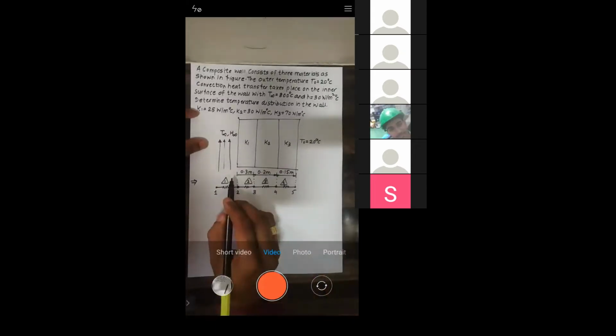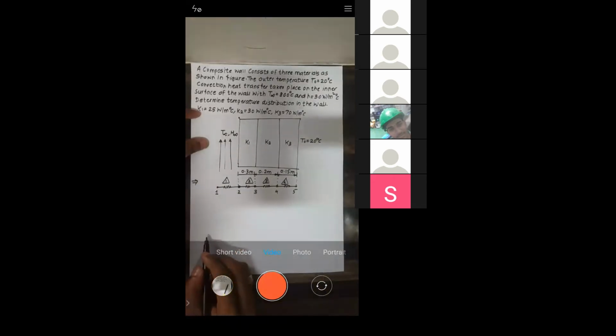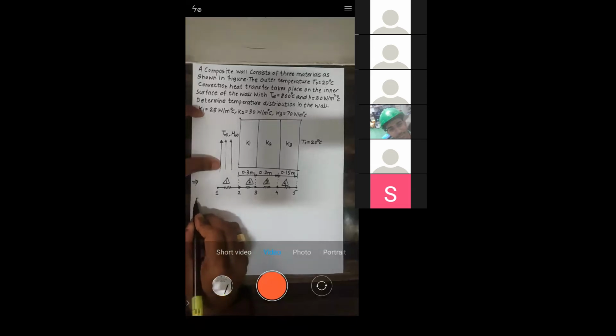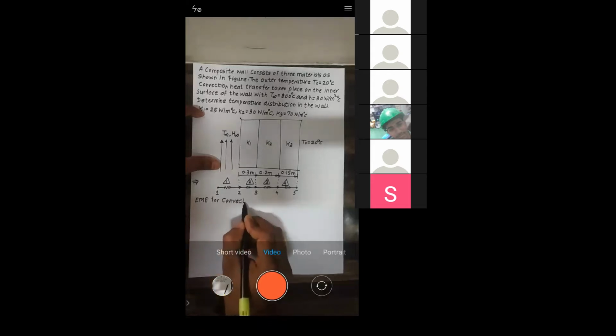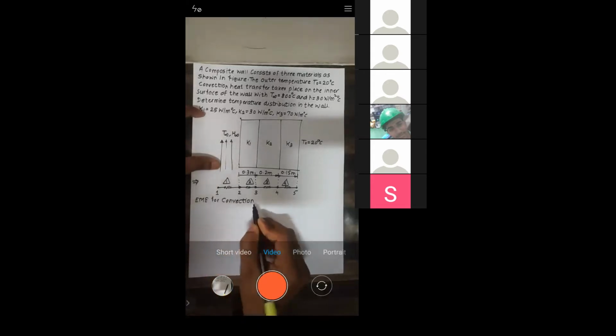Now see, we need to write down the stiffness matrix for element number 1, where the convection is occurring. So I will write down the element matrix equation for convection. What is the element stiffness matrix for convection? Tell me.